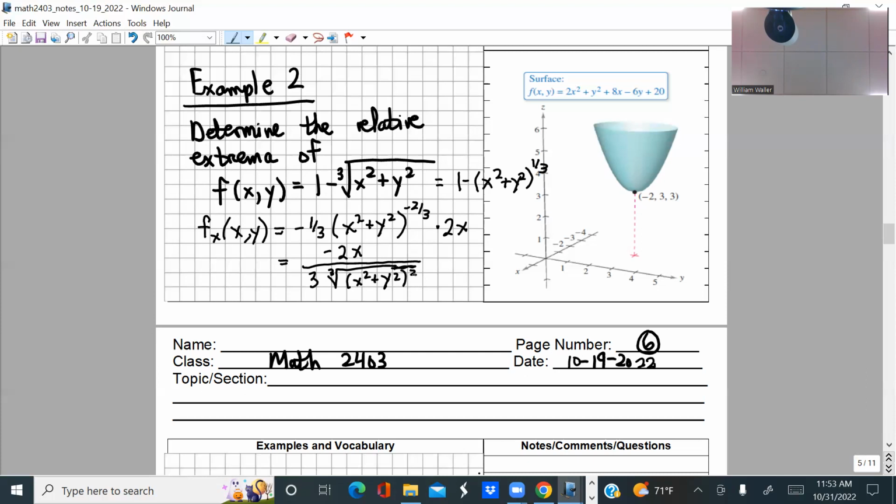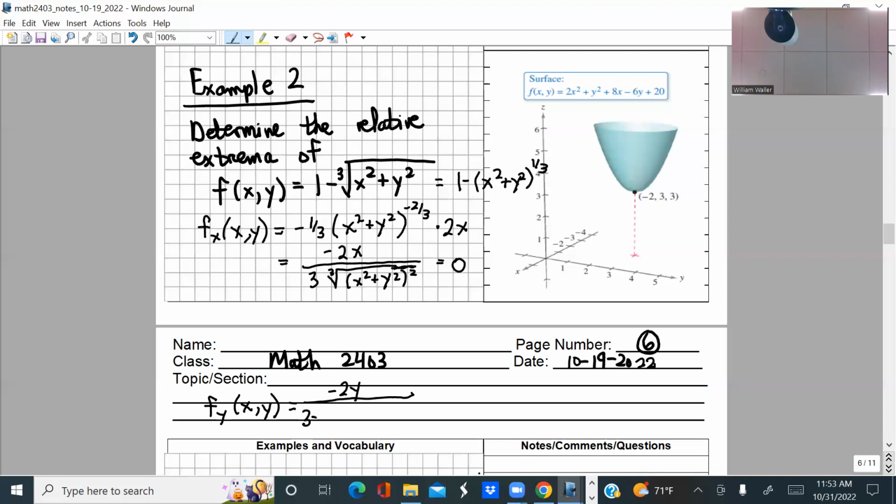All right, and remember, at some point we're going to want to set this equal to 0, correct? But before we do that, let's find the partial with respect to y, because we need that set equal to 0 too. Well, this expression is symmetric in x and y, correct? So when we find this partial derivative, it's going to look like this partial derivative, except I think we're going to have a minus 2y in the numerator instead of the minus 2x.